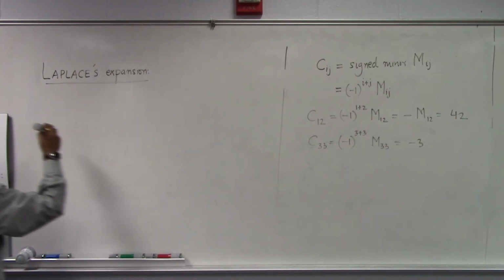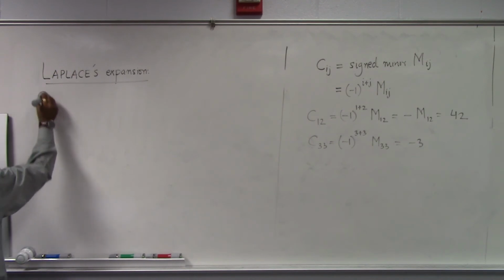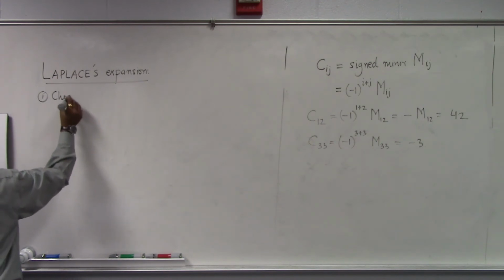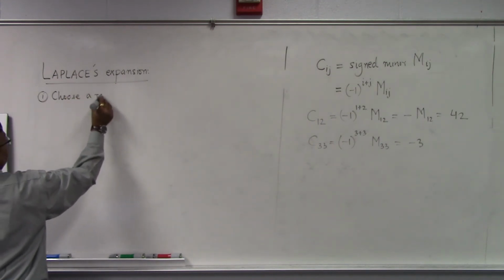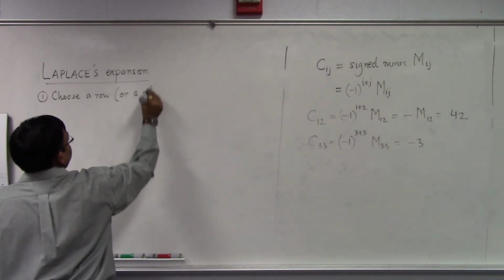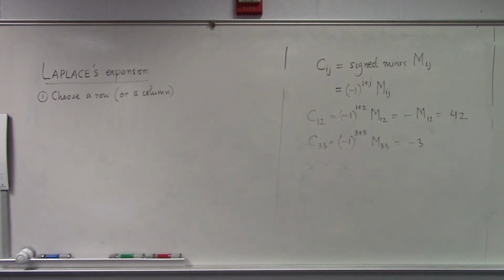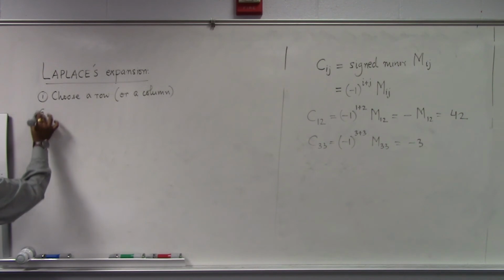So this is what he said. You want to compute the determinant of a matrix, then you choose a row or a column, whichever row or column you want, just choose a particular row or a particular column.